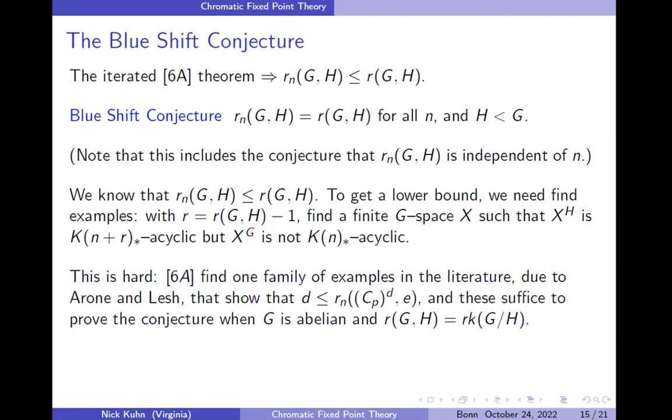So it's hard, okay? So the 6-author paper, they find in the literature, in a paper of Arone and Lesh, something that lets them show that they're basically focused on the elementary abelian groups, C_p^d, and the trivial group as the second one, and they're able to find that they have this example, and it lets them deduce this.